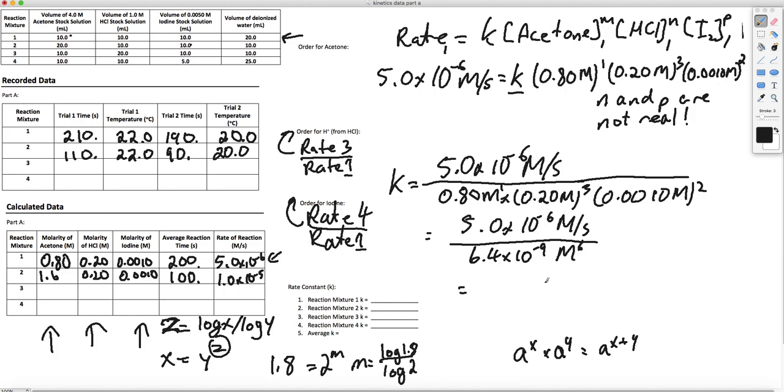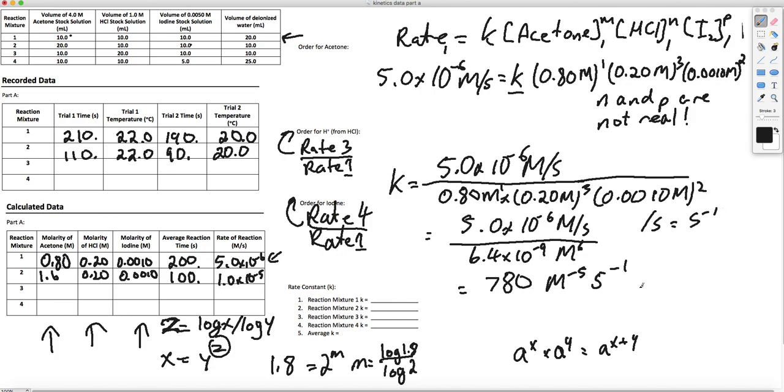Now once I solve for that, I end up getting 780, and the unit there would be M to the negative 5 s to the negative 1. Now the s to the negative 1 is because per second is the same as s to the negative 1.